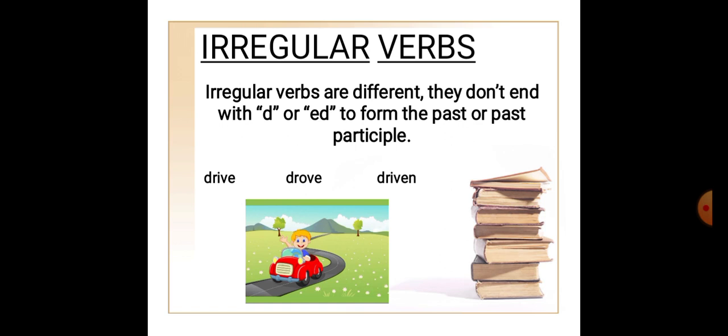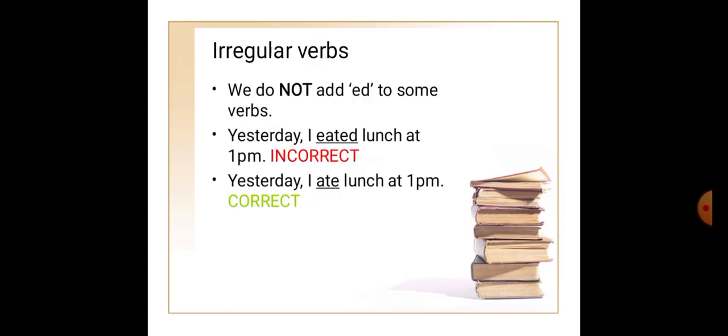Here I have drive. I can't say drived or droved. I have to use drove or driven, which means it's an irregular verb, because ed or d is not added.